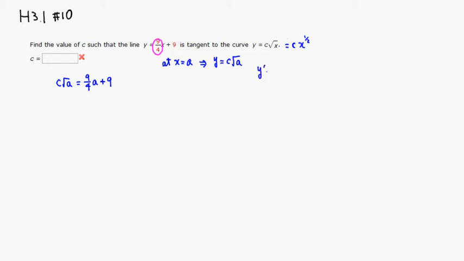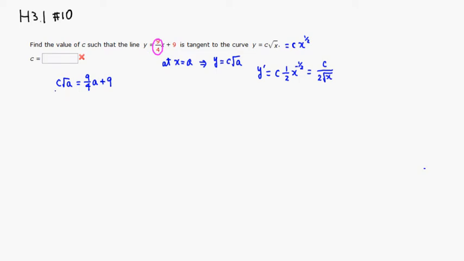So y prime is equal to c, and put 1/2 in front. x, subtract 1 from the power, so negative 1/2. So this is simply c over 2, and x is on the bottom, 1/2 power, square root. So the derivative at a is going to be 9/4.